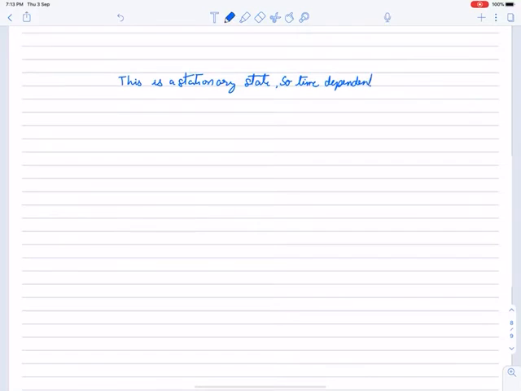Time dependent is given as, so you can write it in time dependent form.